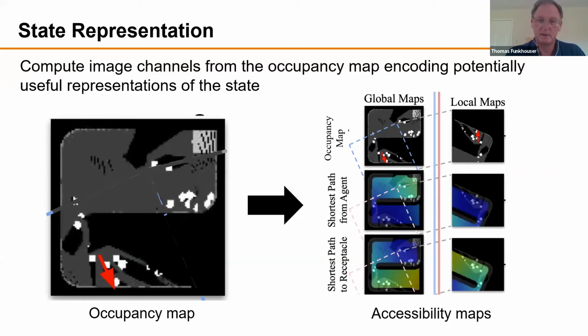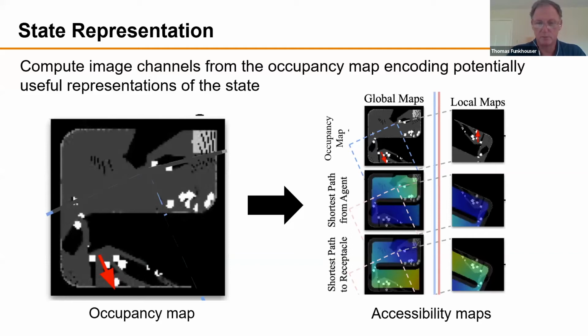So specifically, we're going to give the system the occupancy map, but we're also going to compute a shortest path through the occupancy map from the agent's position. Shortest paths can be computed very efficiently with a Dijkstra kind of algorithm, order n log n in the number of pixels that you want to compute. It's a one-to-many kind of computation.